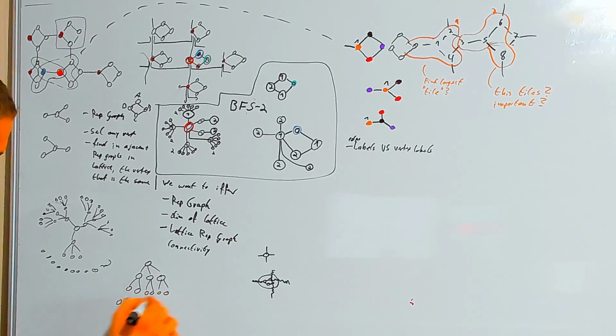Mm-hmm. So, yeah, but this is not this graph. This is not the lattice graph. Is it not? No, you can't do it like this. The problem is that some vertices now are not the same. Some vertices are merged. Basically, we can generate this graph by merging some vertices in this graph.